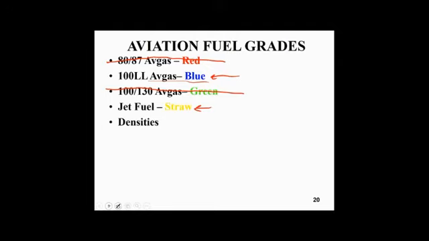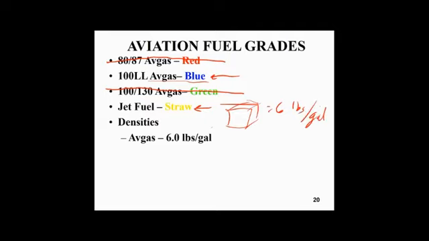It is good data to know about how dense fuel is. Aviation gasoline is 6 pounds per gallon, so a gallon of gas by volume equals 6 pounds of avgas. That's good to know, so you know how much weight is getting put on board the airplane. I'm not going to ask you about jet fuel, because you're not going to be flying jets.